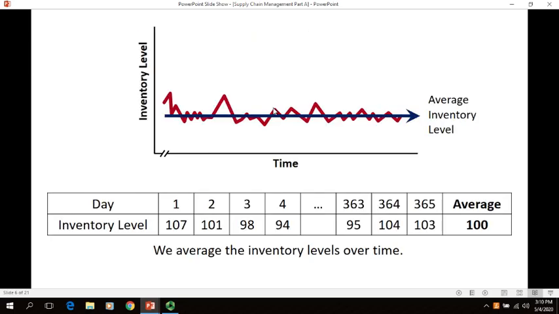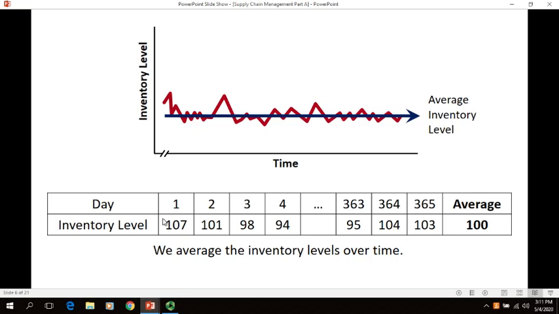So for example, let's say that we observed the inventory of pencils every day over a year. On the first day, we had 107 pencils. On the second day, we had 101 pencils. On the third day, we had 98 pencils. And then we received some, and then 94, and so on.